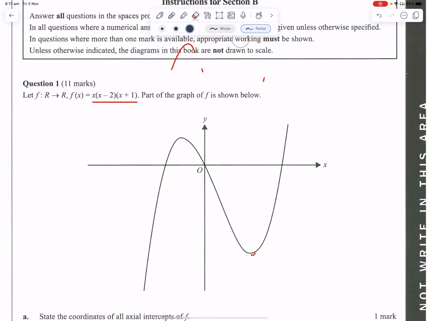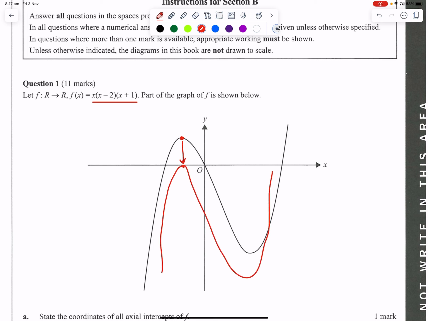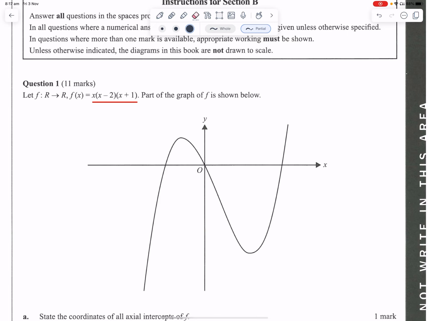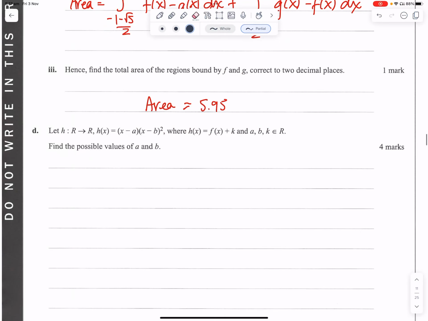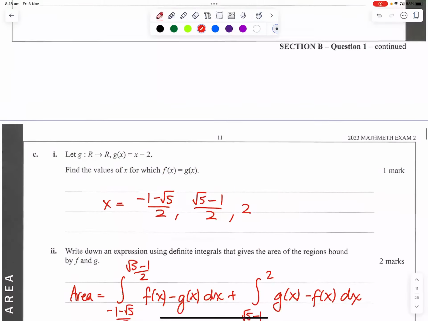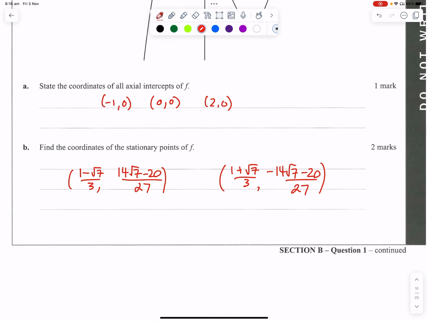So, we know, because this point here, we know what the y value is. If we move it down that amount, we're going to end up with that graph. So we could say x minus a, x minus b squared is equal to f of x minus, now what was that turning point, the y value of that turning point? That's the negative one.